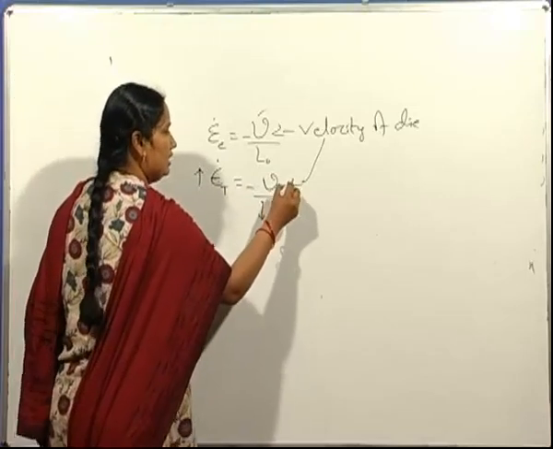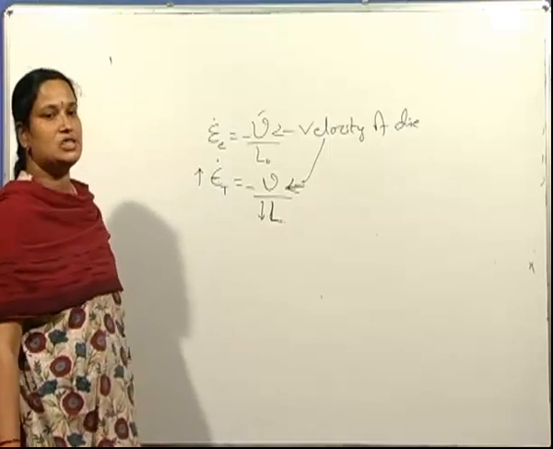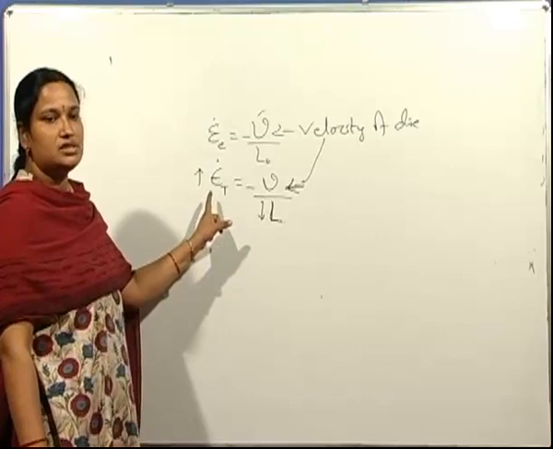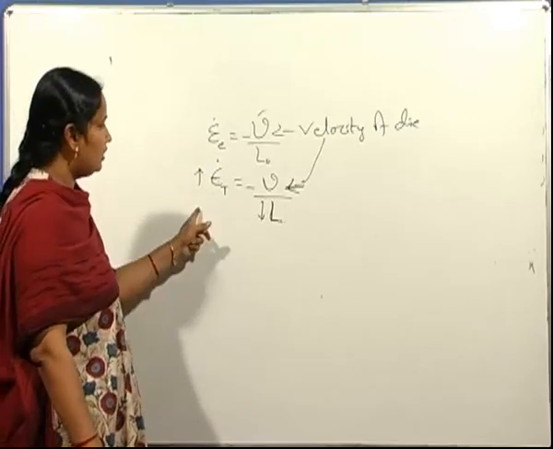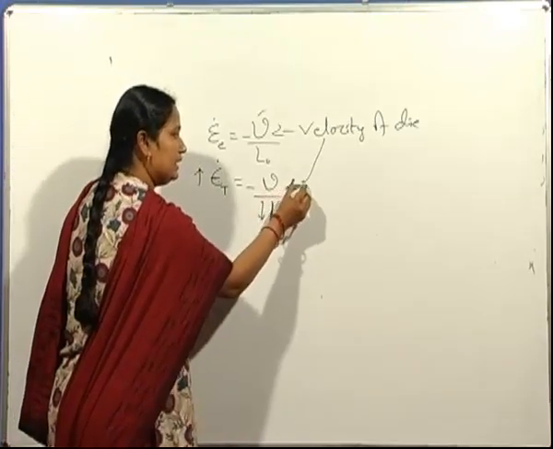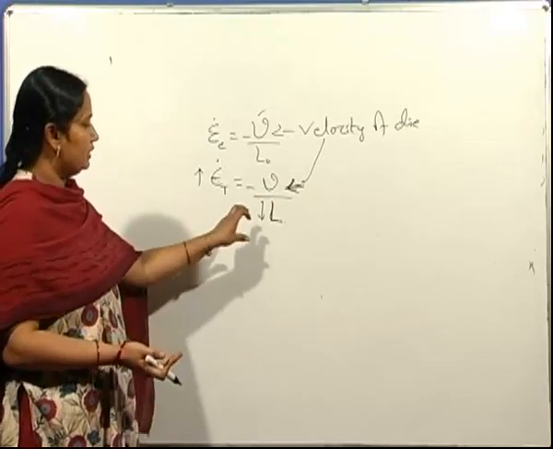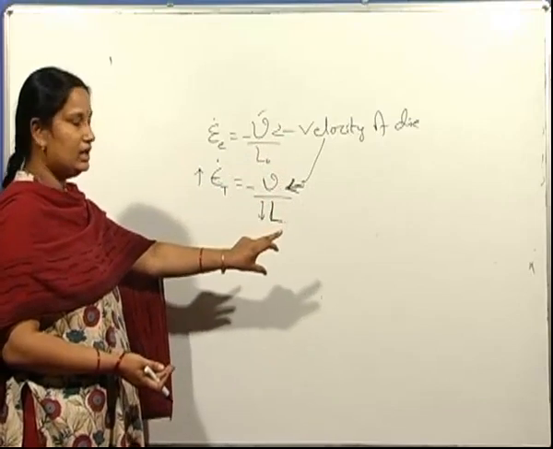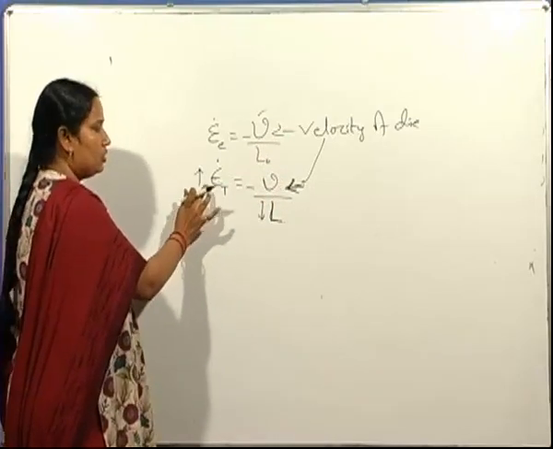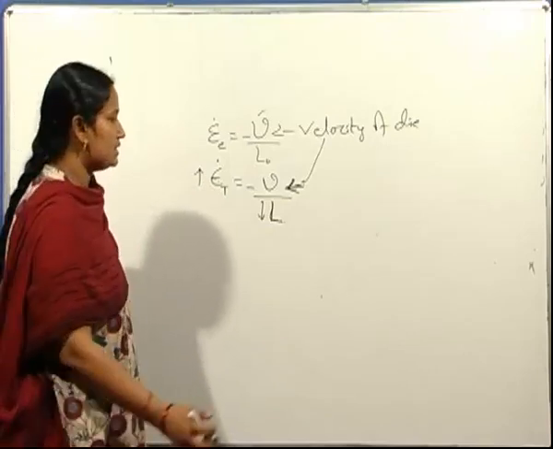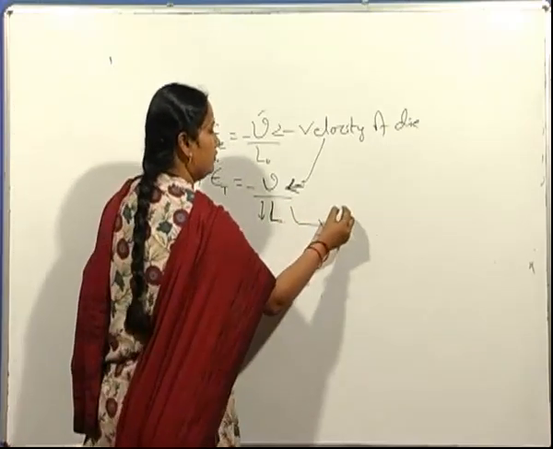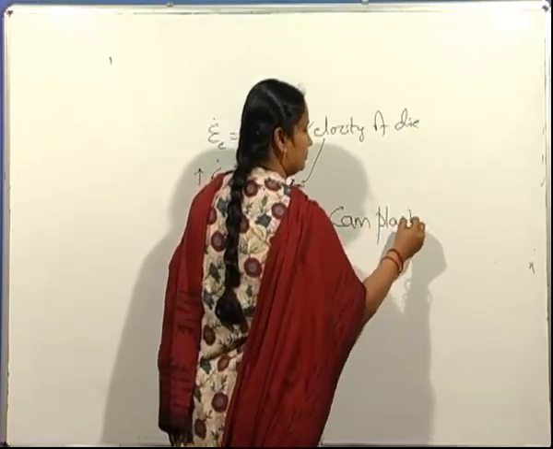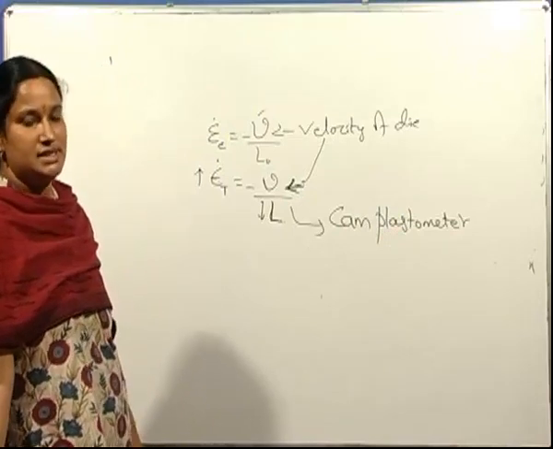So accordingly, the velocity of the die has to be modified in order to carry out the tests at constant strain rates. So the velocity also should decrease. As the compression takes place, the length decreases, and the velocity of the die also should decrease accordingly in order to maintain constant strain rate. So this can be achieved by means of equipment that is called cam plastometer to carry out the constant strain rate.